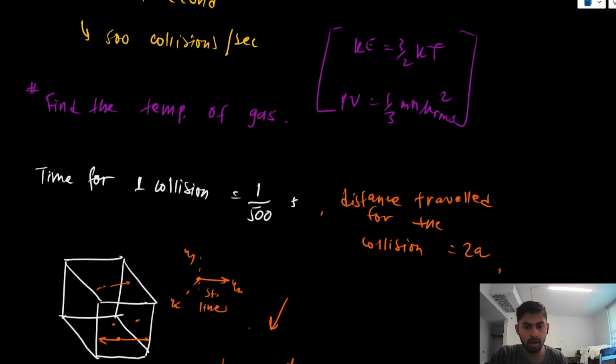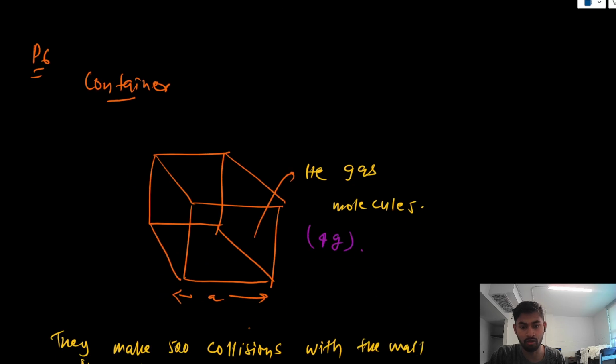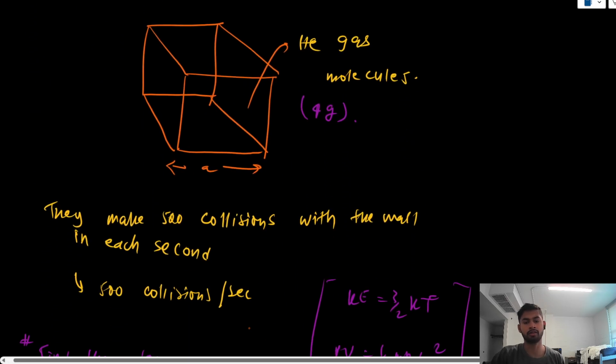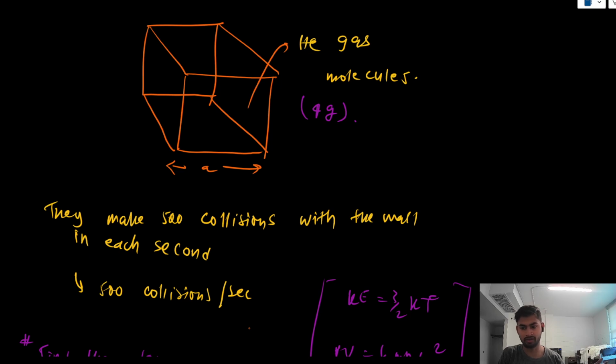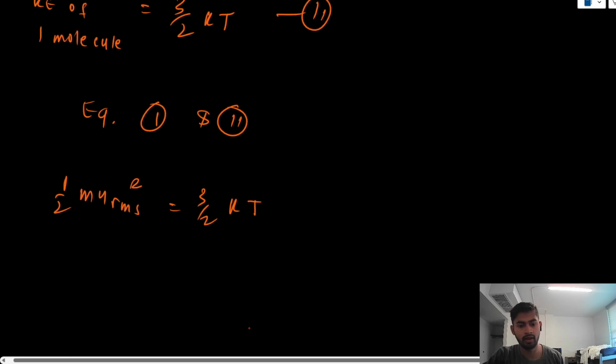We know the mass of this molecule, the gas helium, is 4 grams, because helium's atomic number is 2, and we are supposed to multiply it by 2 to get the mass of the helium molecule, which should be 4 grams.